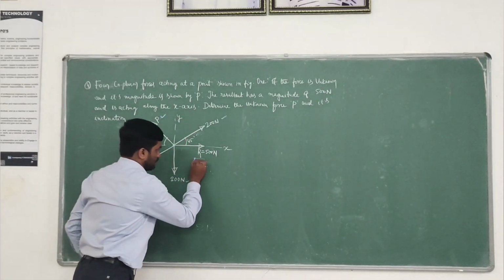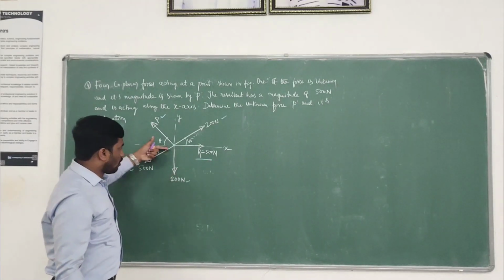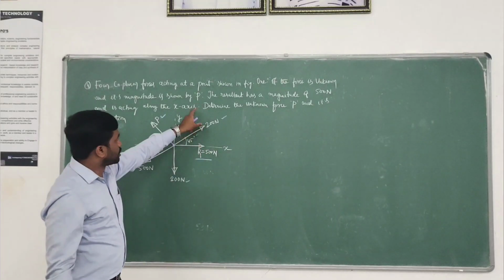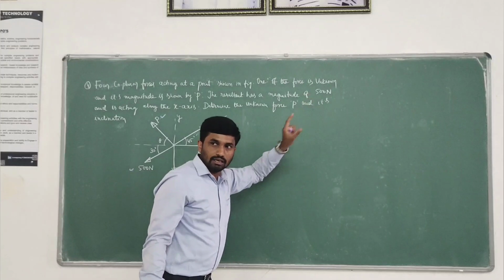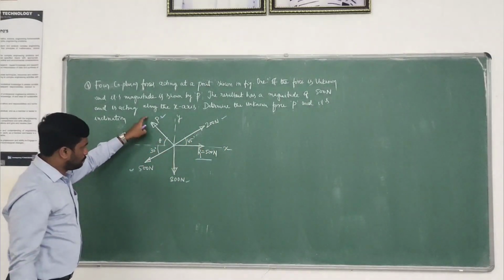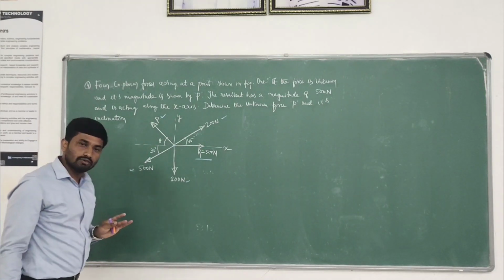The resultant is R of 500 Newton acting along the x-axis. This is also shown and given in the problem. Determine the unknown force P and its inclination theta. So we have to determine P and theta using this given figure.